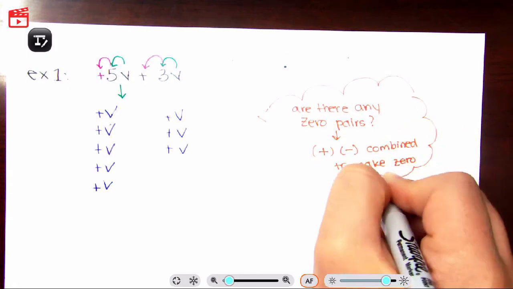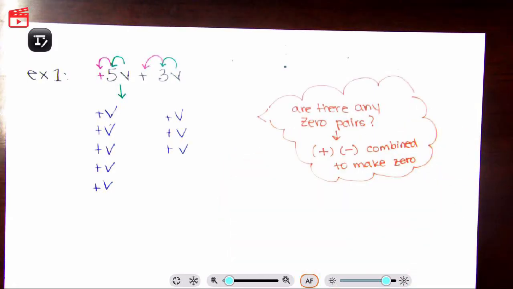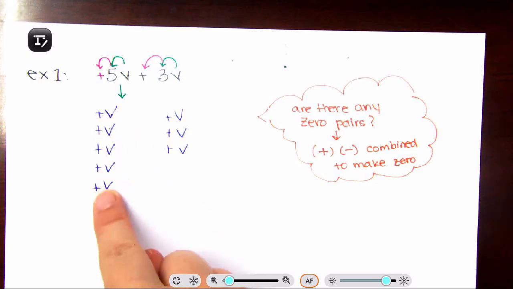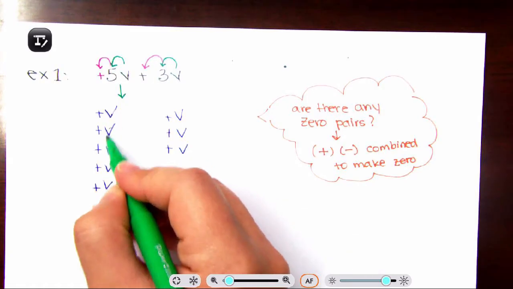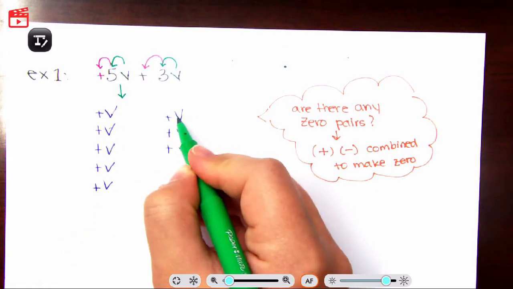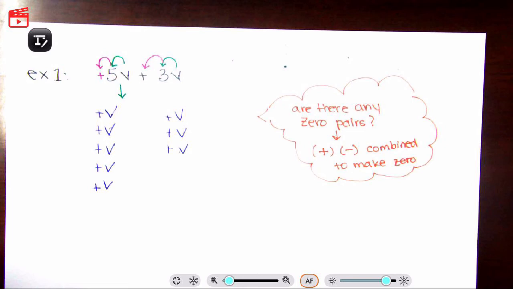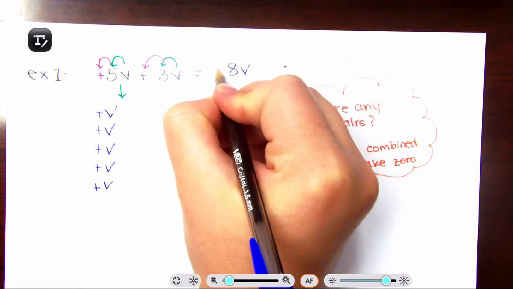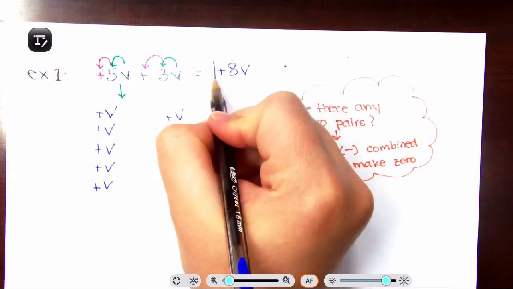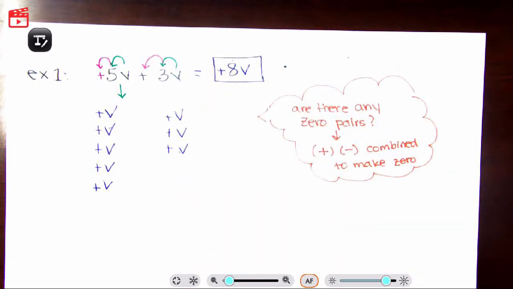So do we have any positive and a negative in order to combine them to make a 0? And in this case, I only have positives. So after you determine if you have any zero pairs or not, you find out what you have, so you're going to count them. I have 1, 2, 3, 4, 5 v's, 6, 7, 8 v's, 8 v's that are positive. And so you have combined like terms and simplified this expression.